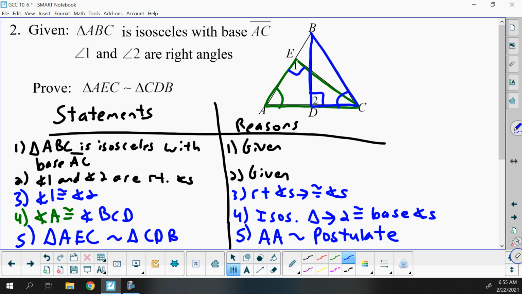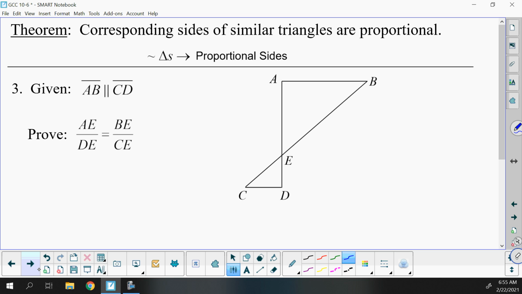So these last two are our basic similar triangle proofs. Kind of like with congruent triangles, we'll often take it beyond that step. So our next step after we prove triangles similar is using the fact that similar triangles have proportional sides. So this is the reason we will use: similar triangles imply proportional sides.